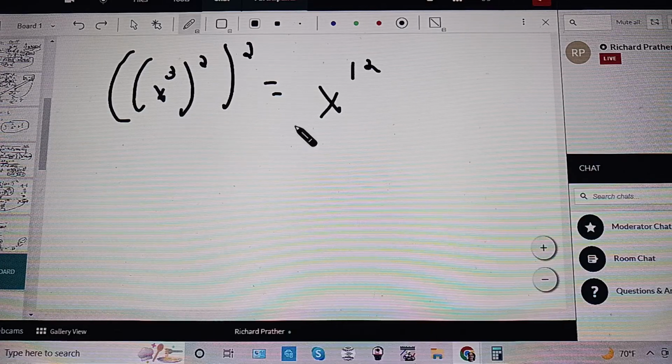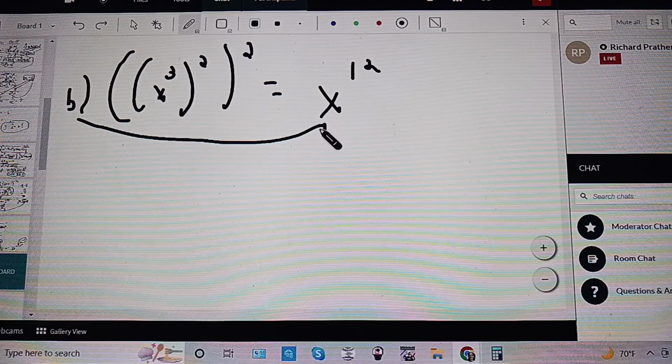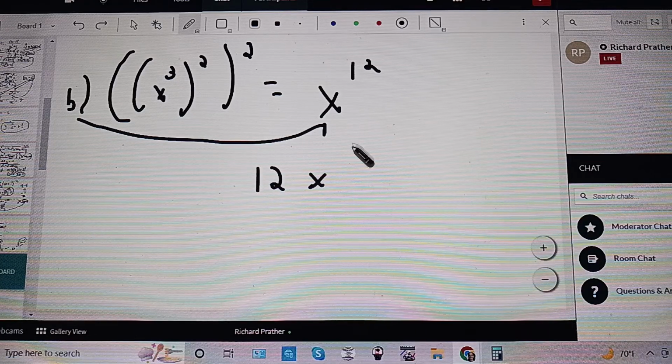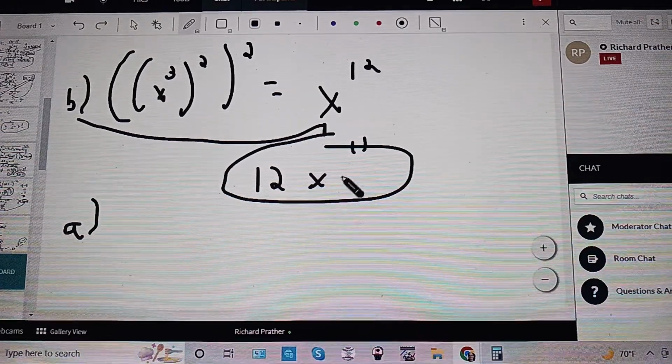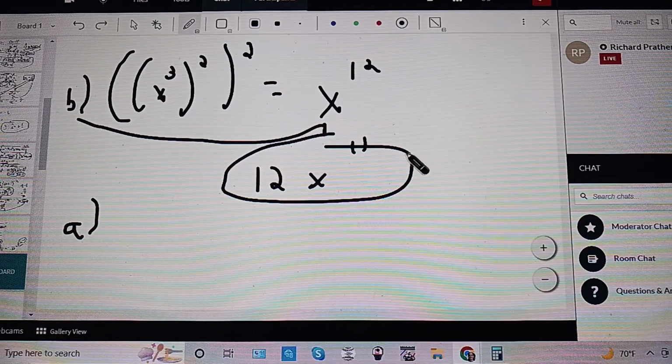So part B said use the rules of exponents to simplify it first. And now to do the derivative of this, that's very easy. The derivative of this is 12x to the 11th. Because you do 12 times 1 and decrease the exponent by 1. So I did the easier part first because then I know what the answer has to be. It has to be 12x to the 11th.